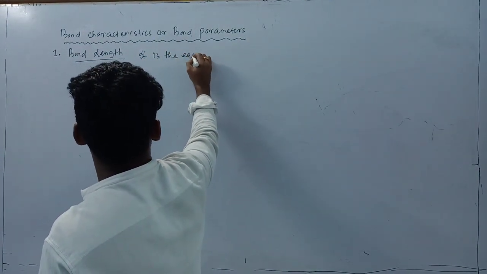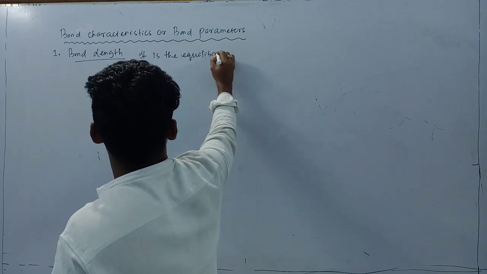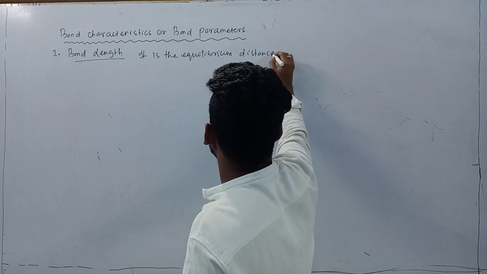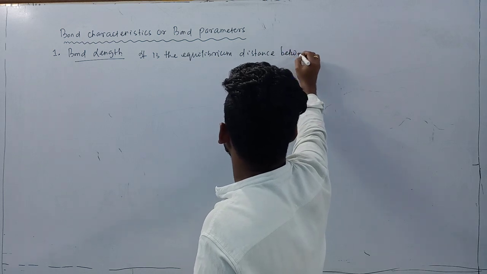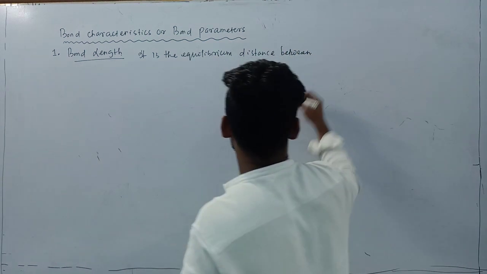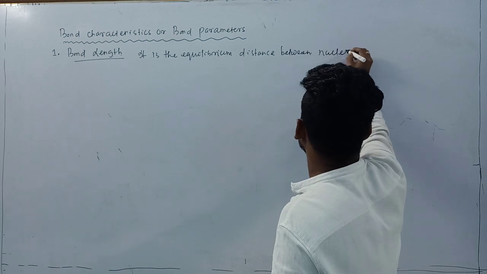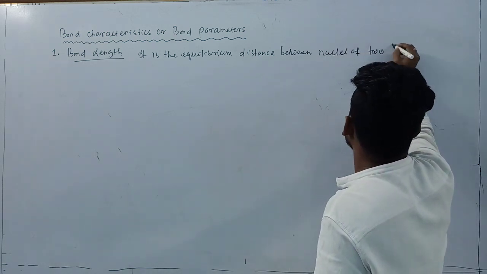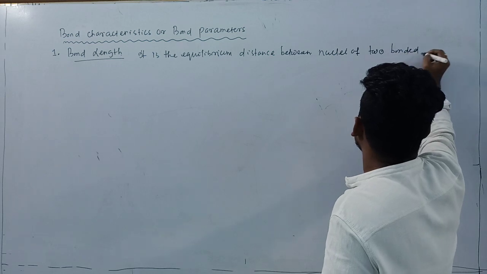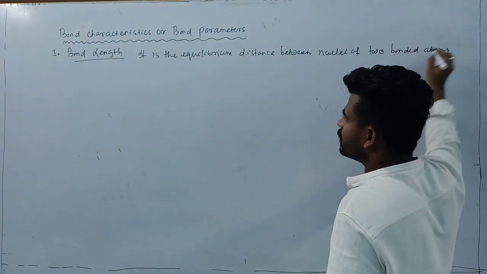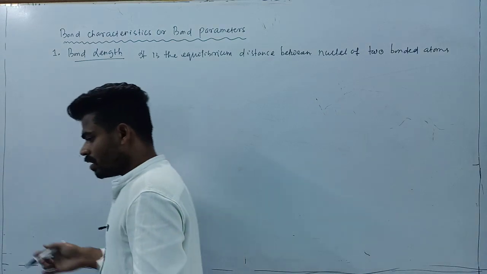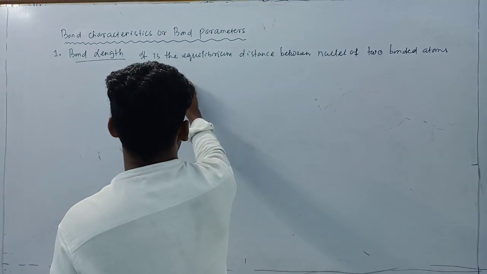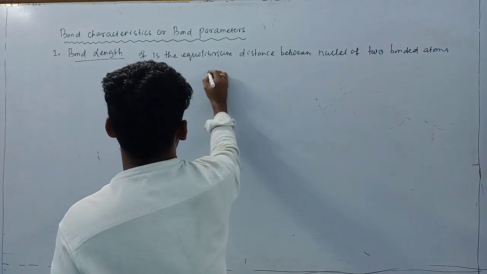Bond length is the equilibrium distance between the nuclei of two bonded atoms. Suppose I am considering a homodiatomic molecule, let's say an A2 molecule.